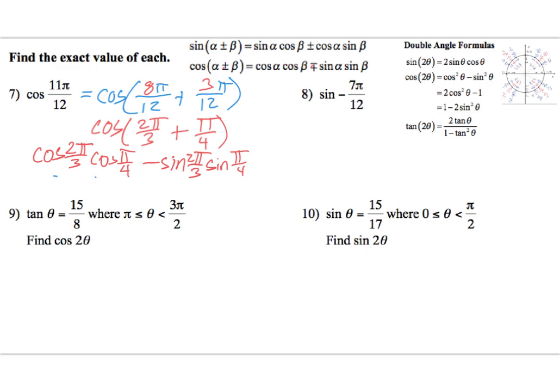Cosine of 2 pi over 3 is going to be negative a half times root 2 over 2 minus 1/2 times root 2 over 2. When I combine those, I actually just screwed that up. It should be root 3 over 2, not 1/2. Okay, we end up getting negative root 2 over 4. For the second part, root 3 times root 2 is root 6.